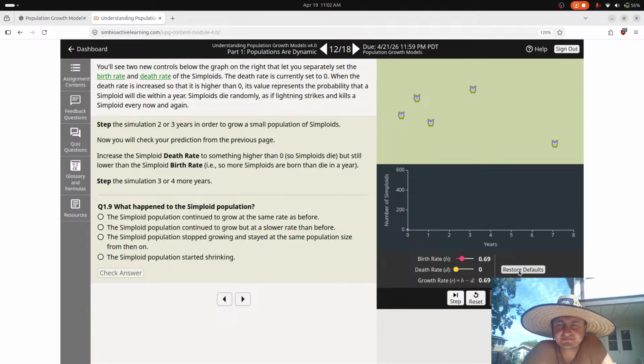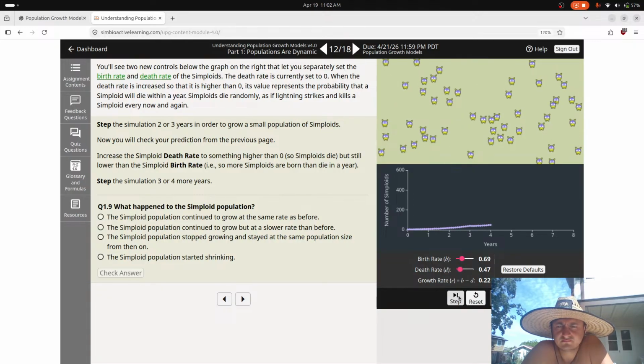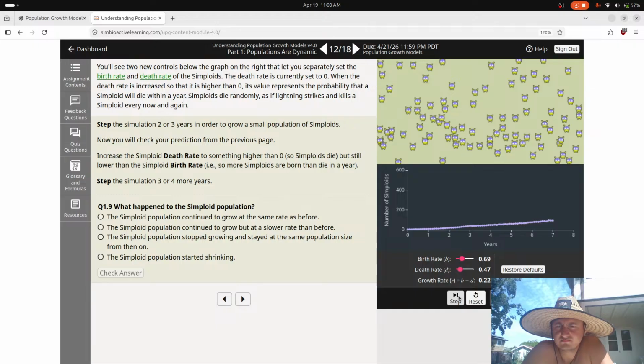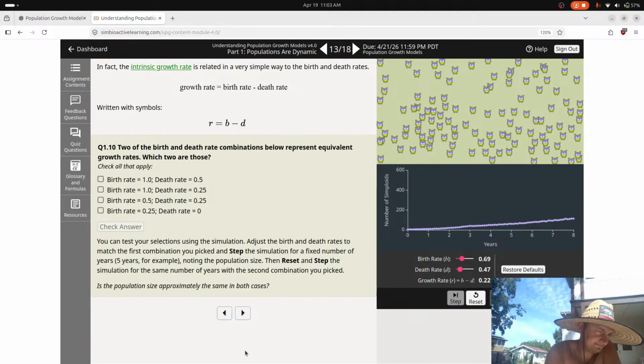Step the simulation 2 or 3 years. 2 of the birth and death rate combinations represent equivalent growth rates.